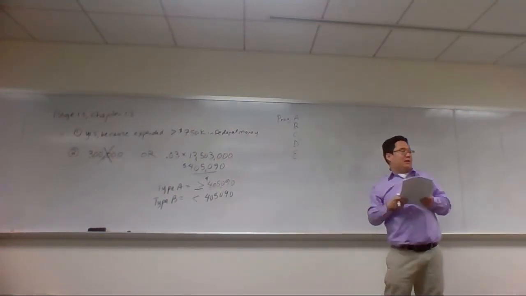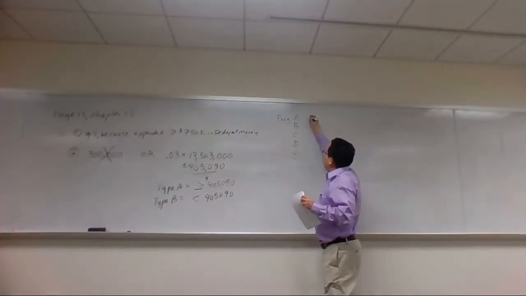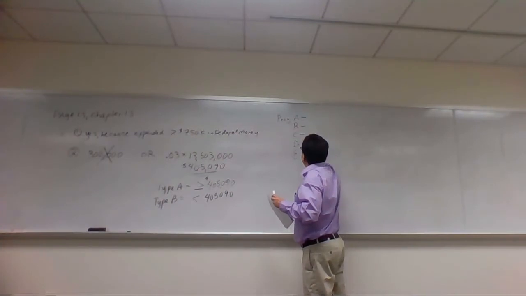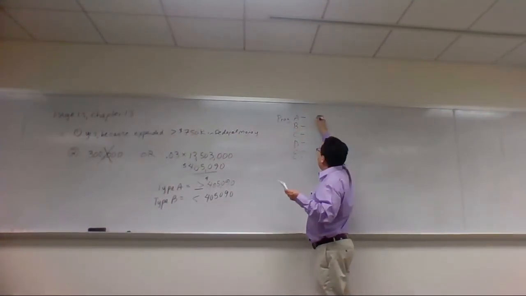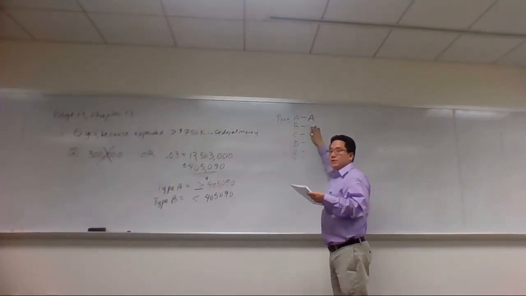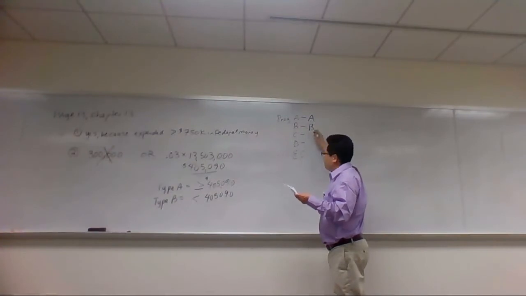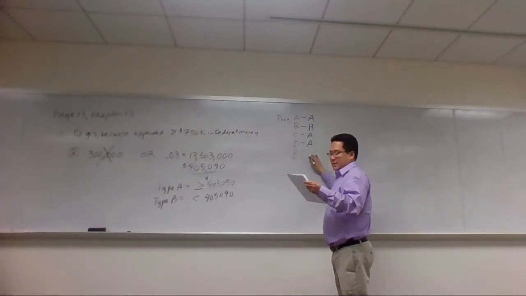It's impossible. So, is program A type A or B? A. It's type A. How about program B? B. How about program C? A. How about program D? A. And program E is B.